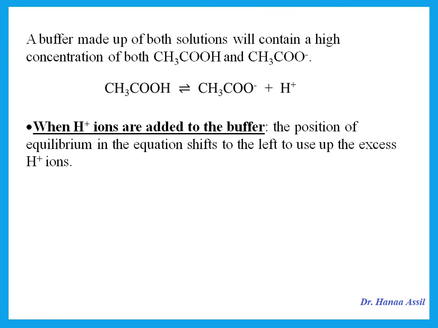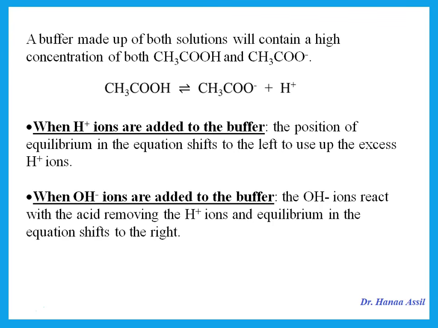And that means the added H plus ions will not really change the pH. Now, what if I add hydroxide ions, a little bit of a base, to this buffer? Then the hydroxide ions would react with the acid, remove it, and that means that the equilibrium will shift to the right. And again, the overall pH is not really affected.